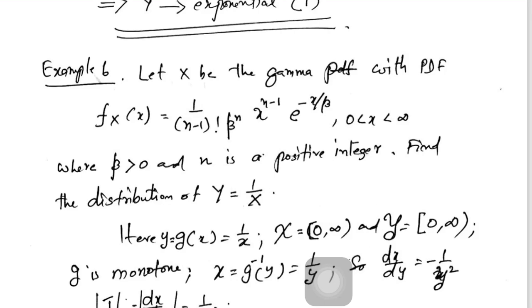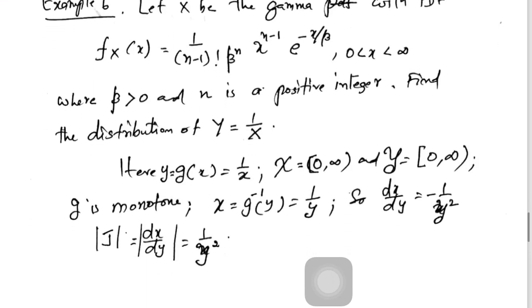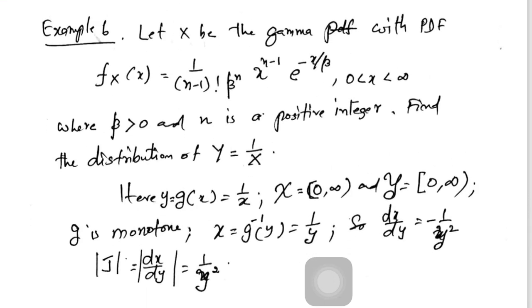Okay, and you will see that y is equal to 1/x is a strictly decreasing function, because as x increases 1/x decreases strictly. Okay, you can utilize the method of Jacobian.